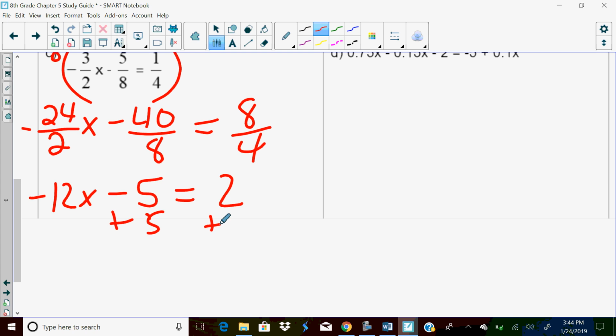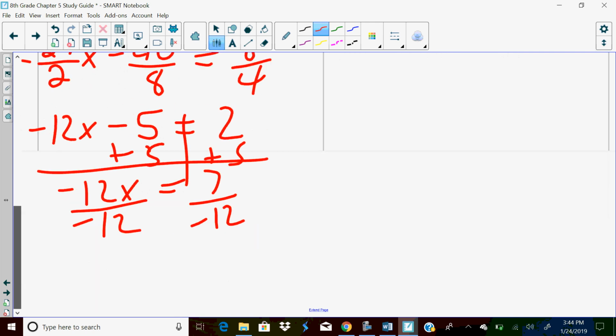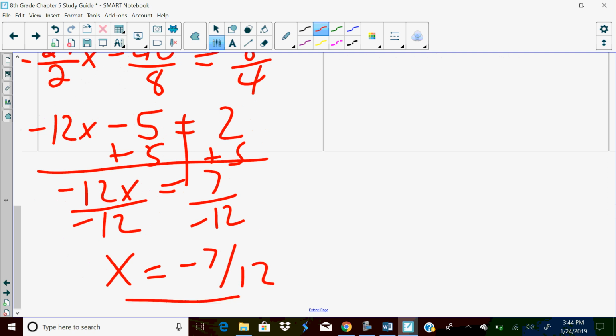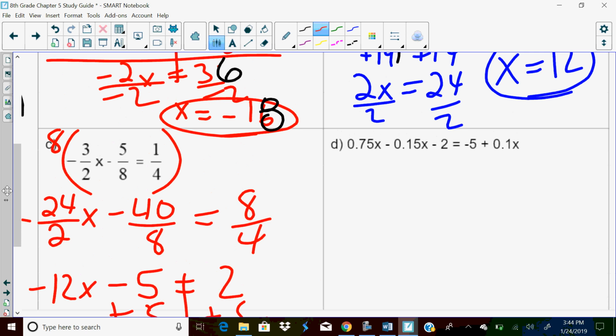Add 5 to both sides. So I'm going to get negative 12x equals 7. Divide both sides by negative 12. So x is going to equal negative 7 over 12. And if you wanted to leave it as that, that would be perfectly okay. Or you could change it to decimal.